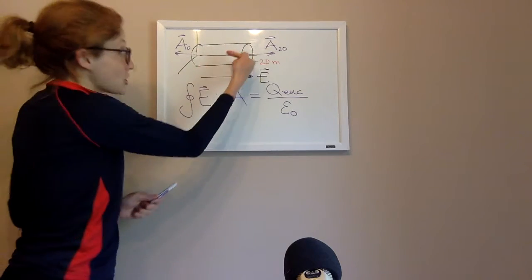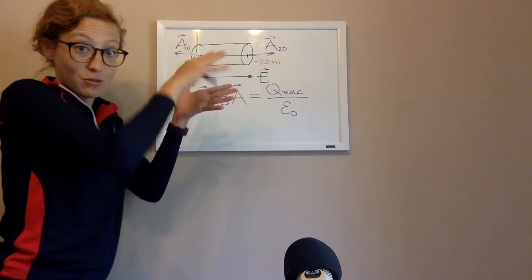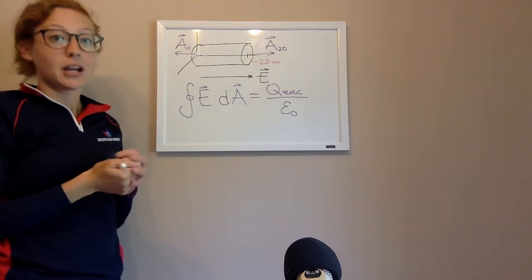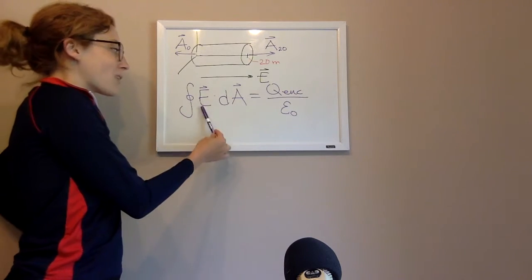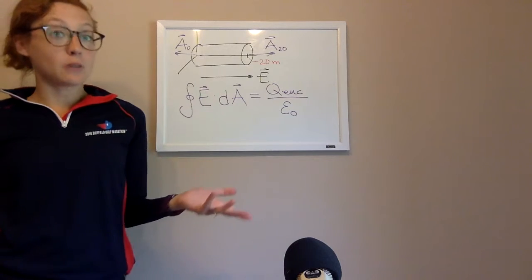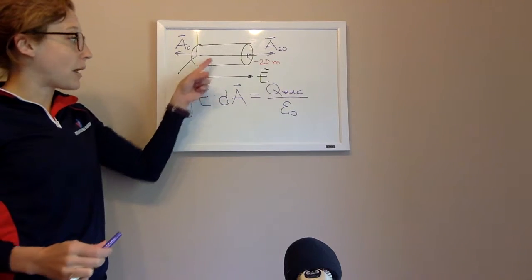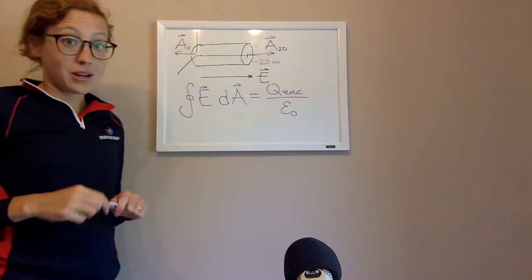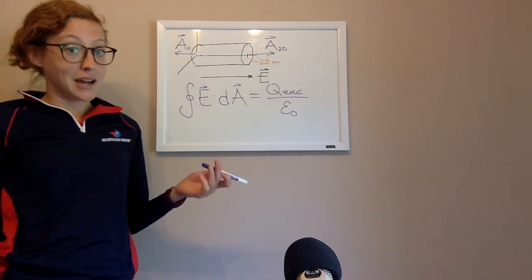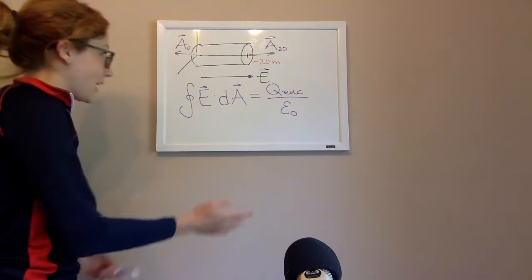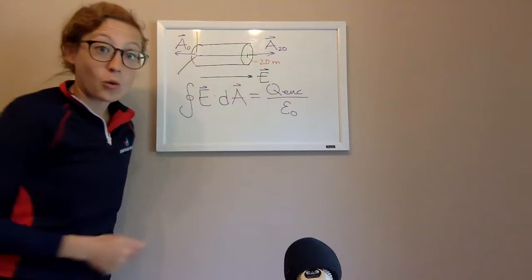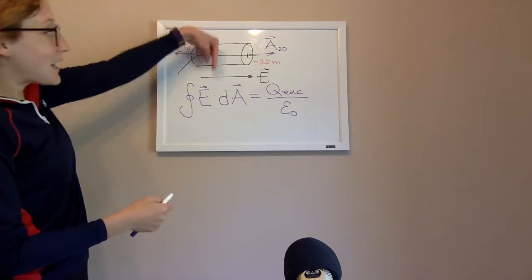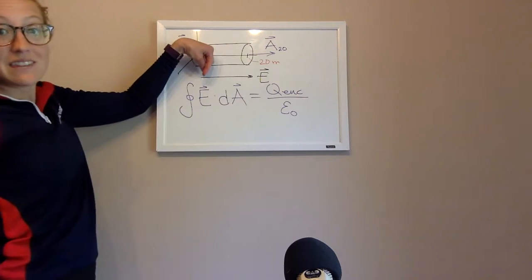And in fact, we actually have a third surface, which is the surface which goes all the way around the cylinder. But in this case, we're only interested in areas where E dot dA is anything but 0. Right, so dot products are what, sine or cosine? They're cosine. So when you have an area vector which points out from the side wall of that cylinder, that's going to make a 90-degree angle with this E vector here.